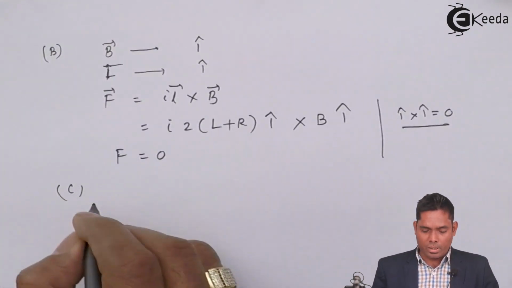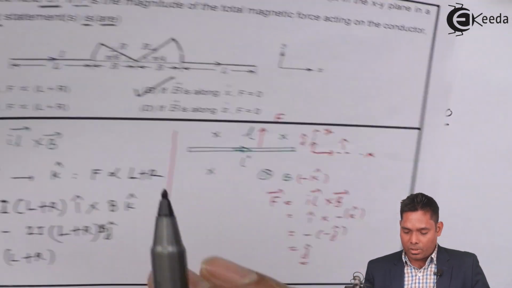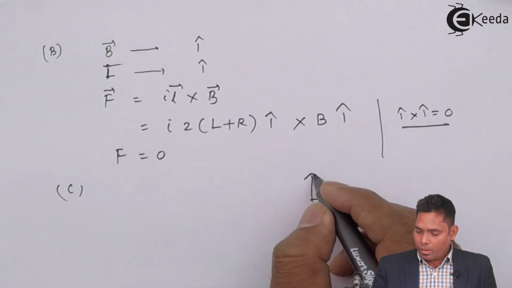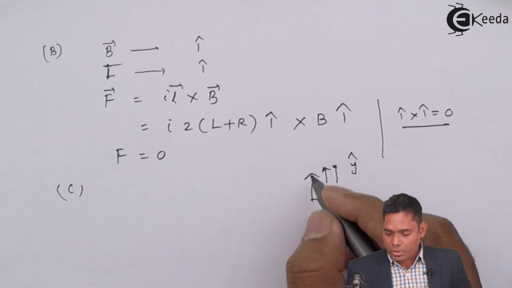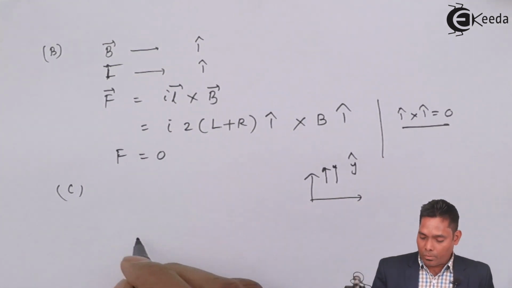Then we will check option C. Option C says that if B is along the y direction, the j cap direction, then what force?